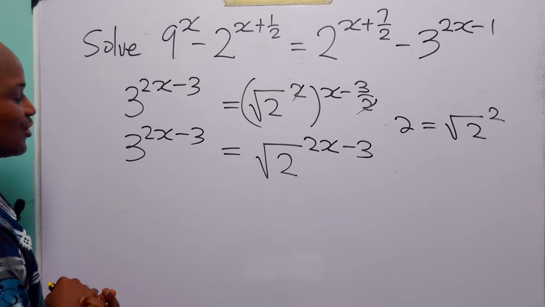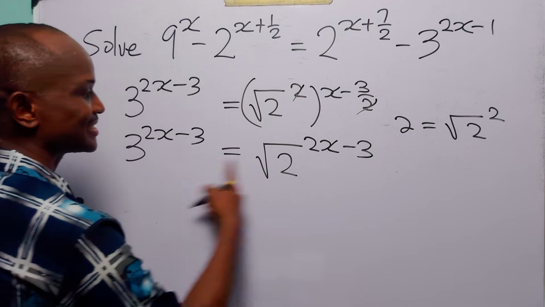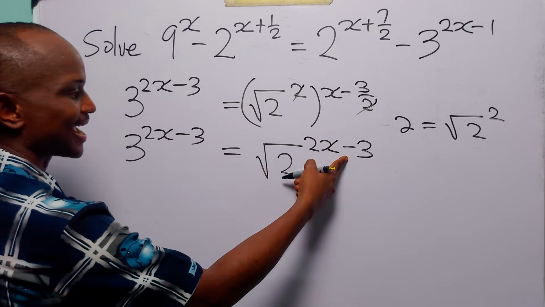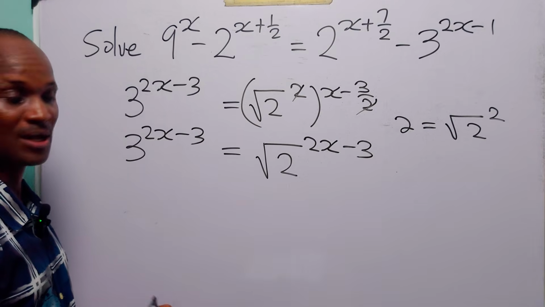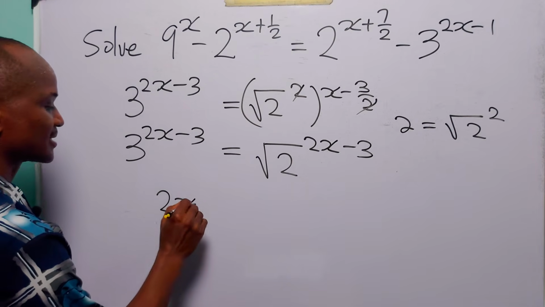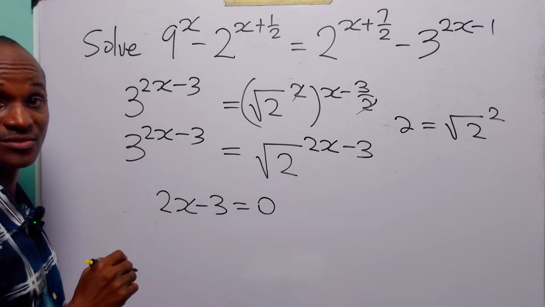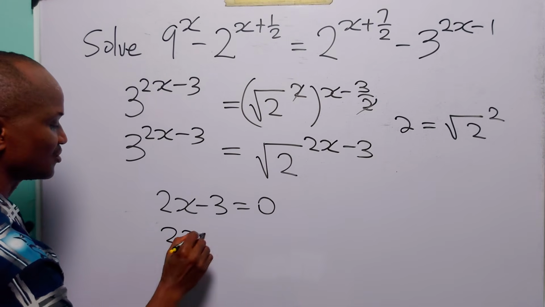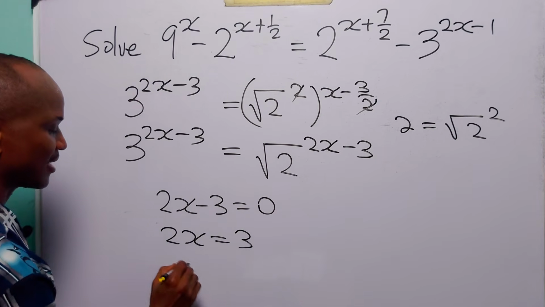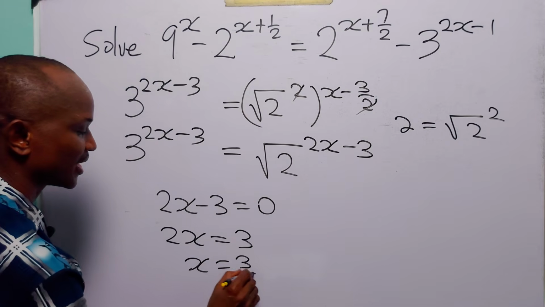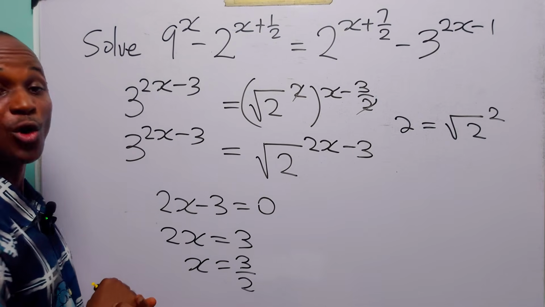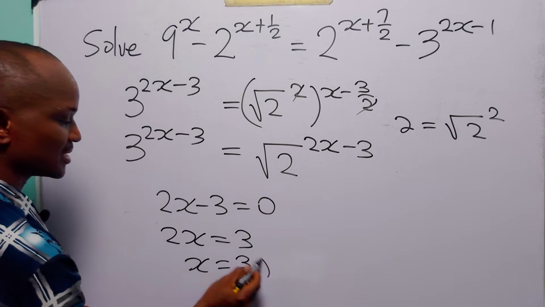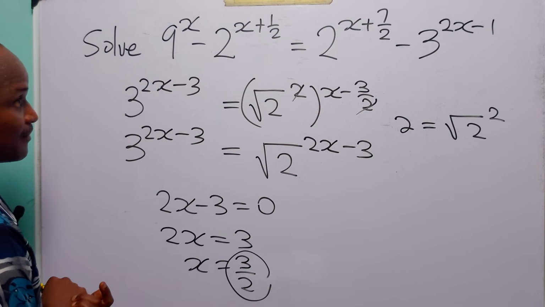And of course, you know that the only time when this equation is going to be true is when this exponent is equal to 0. So we have that 2x minus 3 must be equal to 0 for this equation to be true. From here, we have that 2x is equal to 3, and we have that x is equal to 3 over 2. So the only value of x that satisfies this exponential equation is 3 over 2.